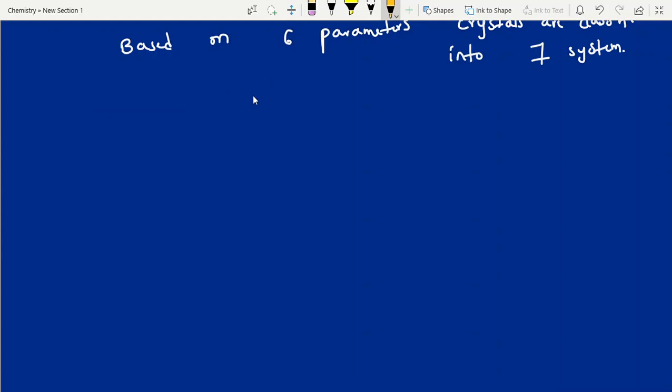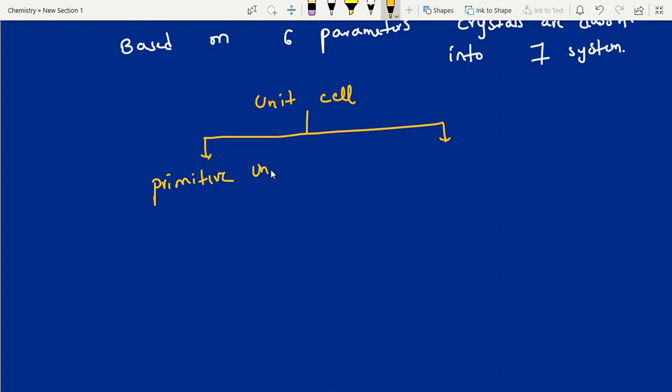Now I am talking about the unit cell again. Unit cells, we have 2 types, students. One is the primitive unit cell. Primitive unit cell is nothing but a simple unit cell: lattice points only at corners.